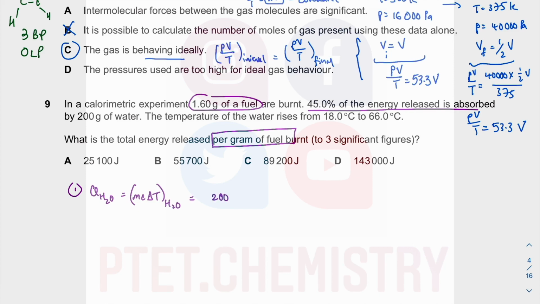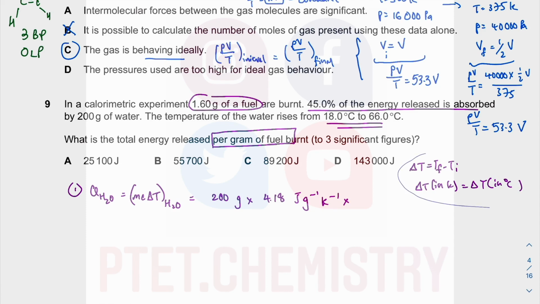So 200 gram of water multiplied by your heat capacity given in your data booklet, joule per gram per Kelvin. Delta T is the temperature difference. Delta T in Kelvin is equal to delta T in degrees Celsius, because these are not absolute temperatures.